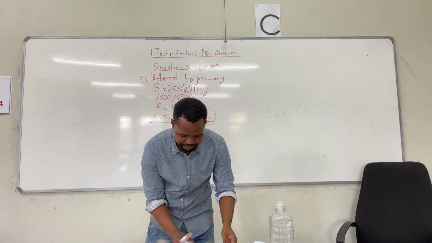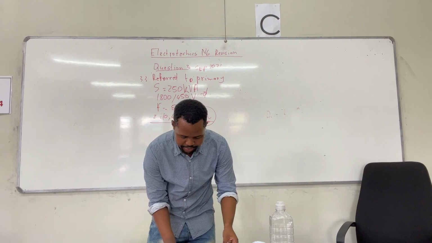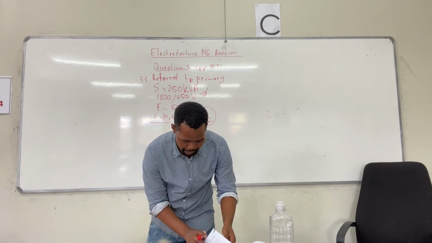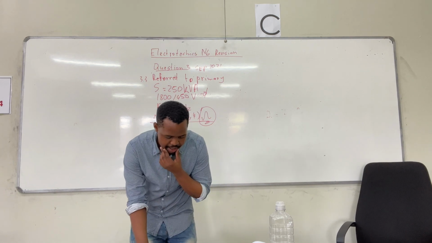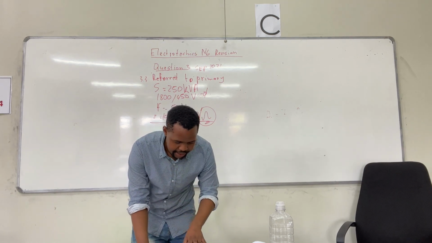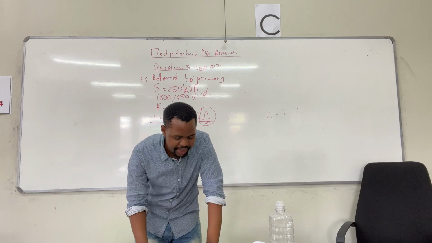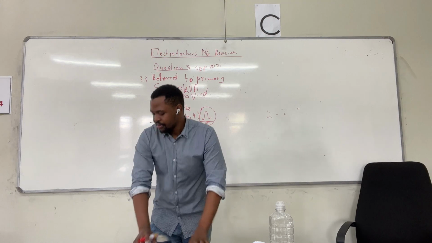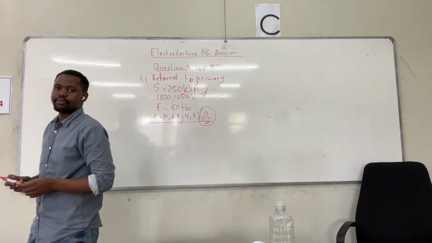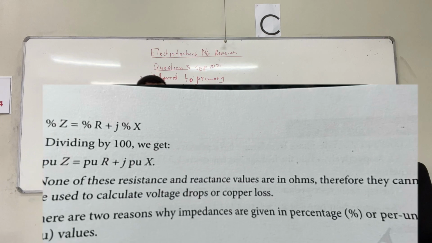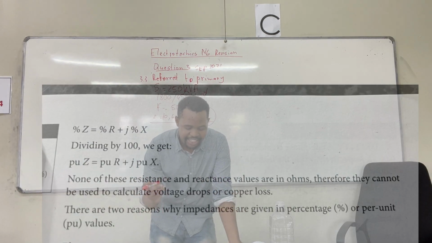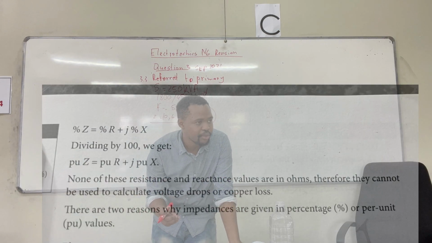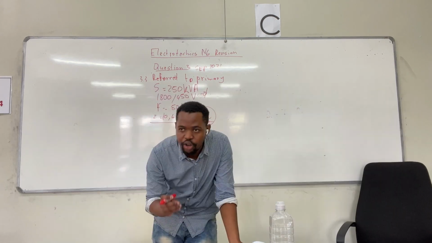Let's go to page 109. None of these resistance and reactance values are in ohms, therefore they cannot be used to calculate voltage drops or copper loss.